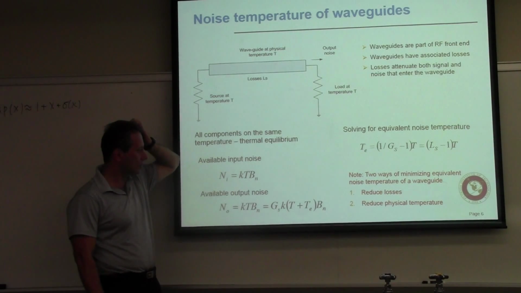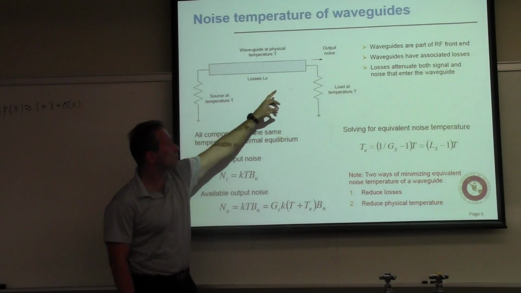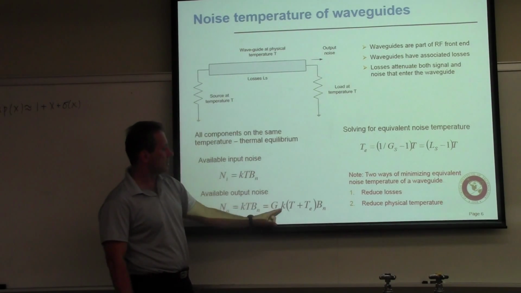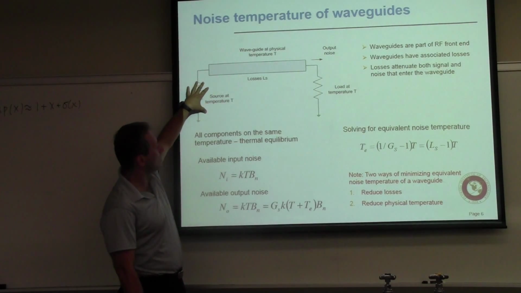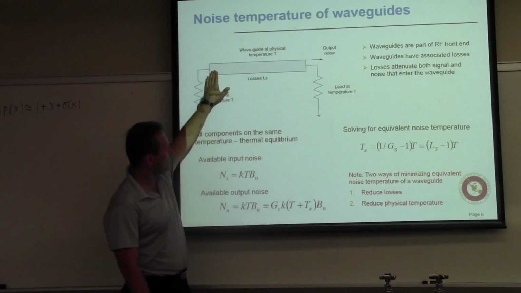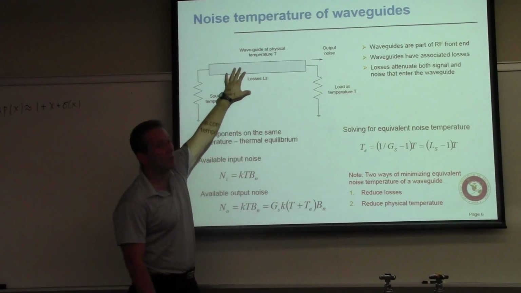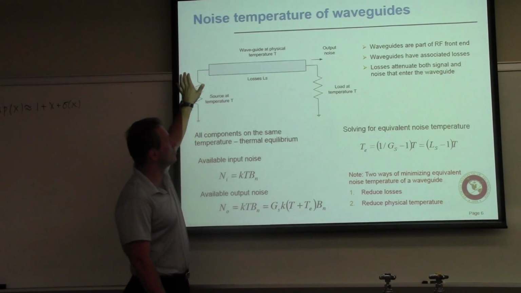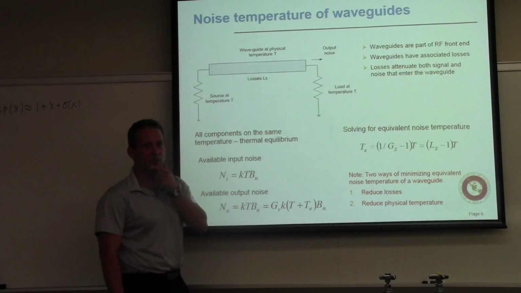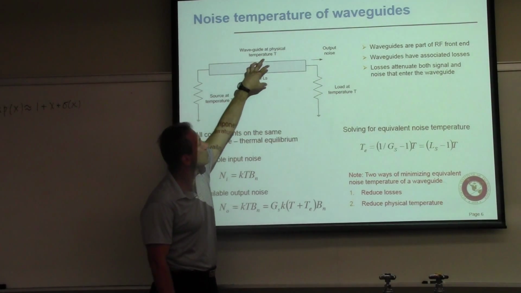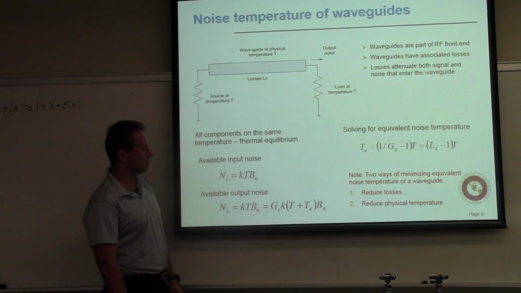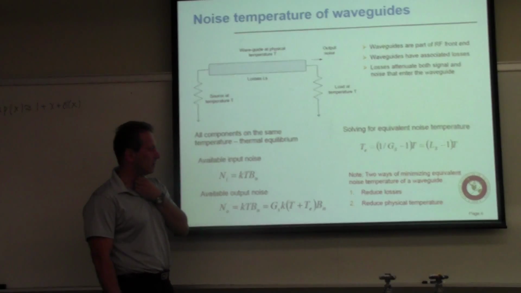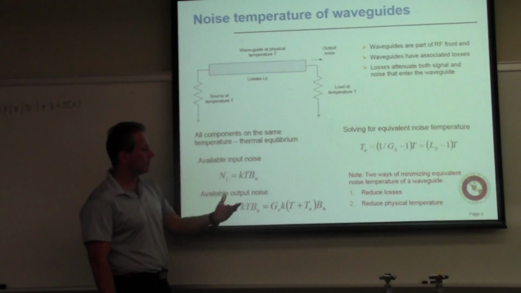So now if you look at how this noise got here, you can say it is the gain of this guy times K times the temperature of this source, plus the gain of this guy times K times the equivalent temperature of this waveguide, and I assume that there is no noise generated in the waveguide. What I'm actually doing is moving the noise from the waveguide all the way to the front, based on the definition of the noise temperature.